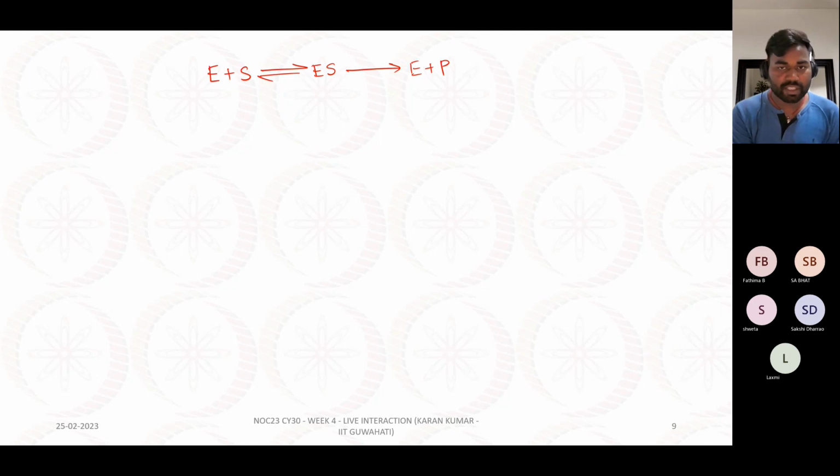Let us assume the active site of the enzyme is shaped like this, and your substrate will fit into it, so the substrate shape should be like this. What if there is another kind of compound which also has the same shape?